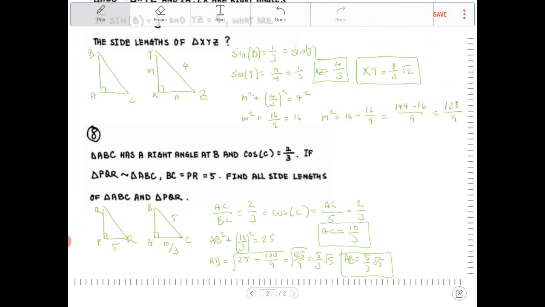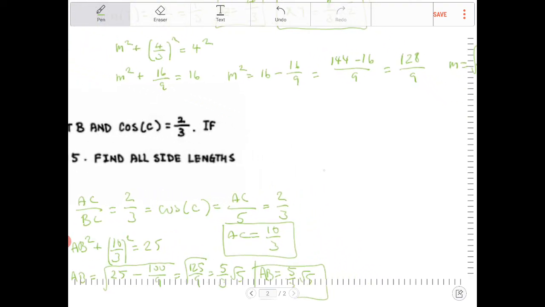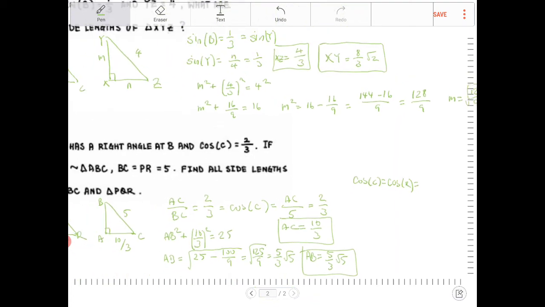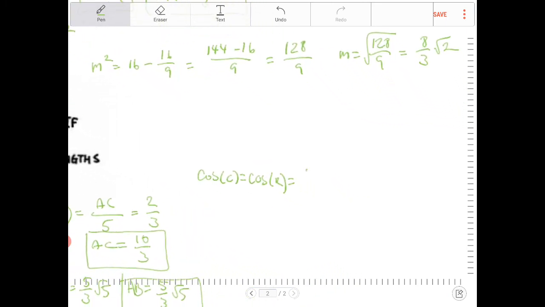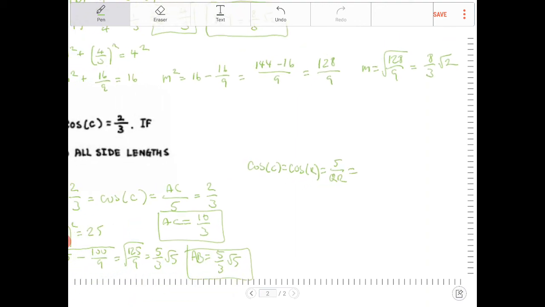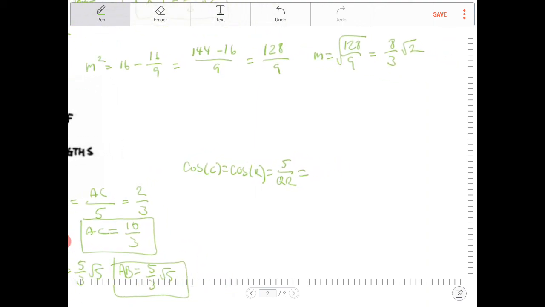And since cosine of C is equivalent to cosine of R, we can say then 5 over QR is equivalent to 2/3. Cross multiply, we end up with QR is equal to 15/2.